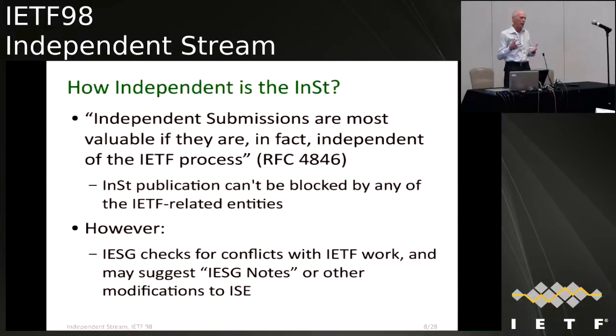So the IESG do get to look at the documents going through the independent stream, and if there are things they don't like, they can write an IESG note, which gets published. It occurs to me that perhaps I could refuse to do that, but I've never done that. Or they may suggest other modifications to the document.